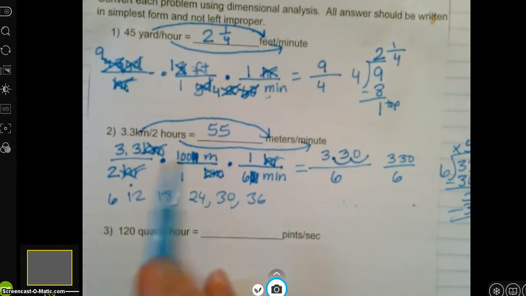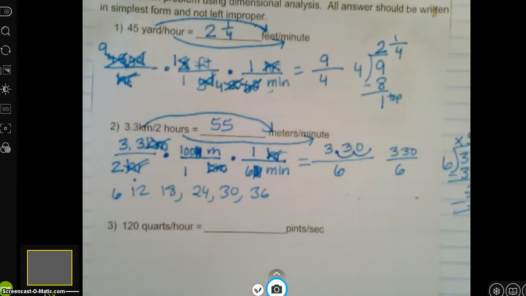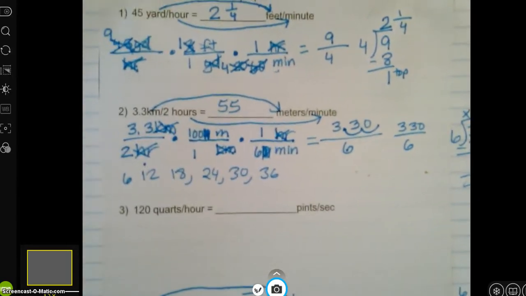Okay, so we will do some more metric practice together. Definitely will show up on practice sheets. And I will make sure I have a video to show you how to do it. Now, number 3 is 120 quarts per hour into pints per second.